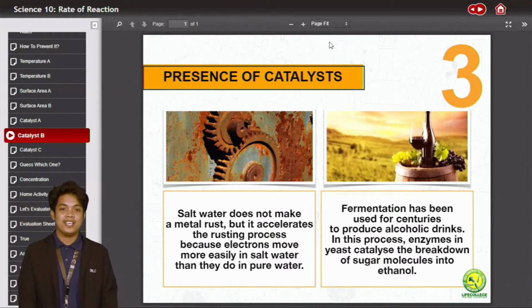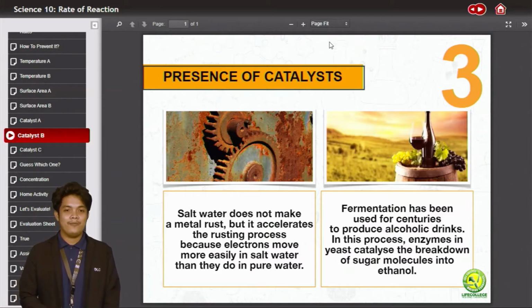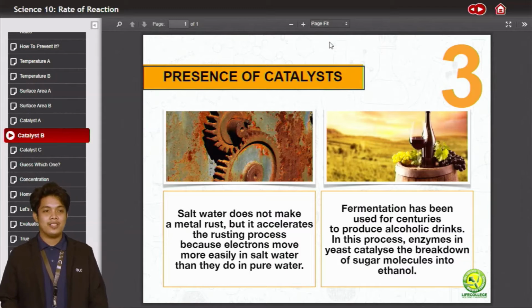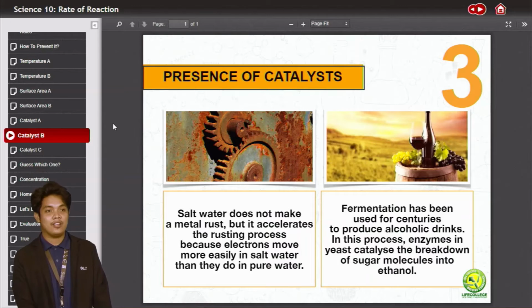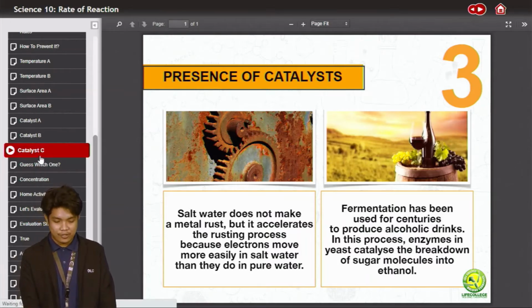In this process, enzymes in yeast catalyze the breakdown of sugar molecules into ethanol. So if there is very little yeast, the reaction rate is very low. So the more catalyst, the more it increases the rate of reaction.